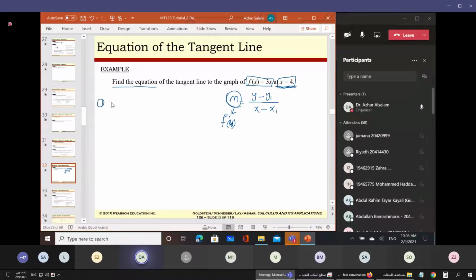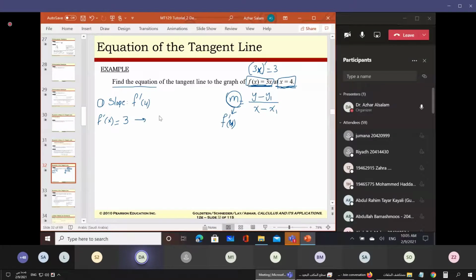First, I need the slope. f dash of x: this is f of x, 3x, which is actually a linear function. When I differentiate 3x, this is x to the power 1, so it will be only 3. The derivative of 3x is only 3, since the derivative of x is 1.